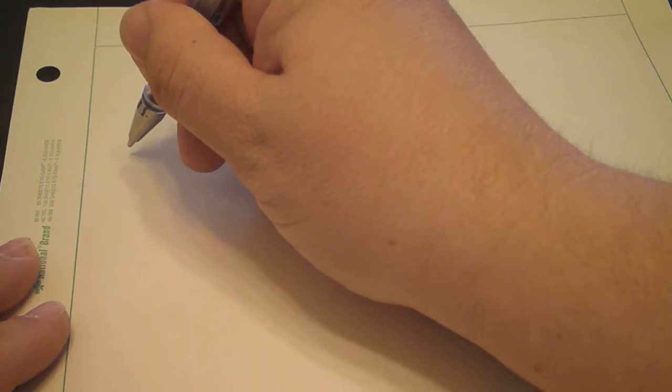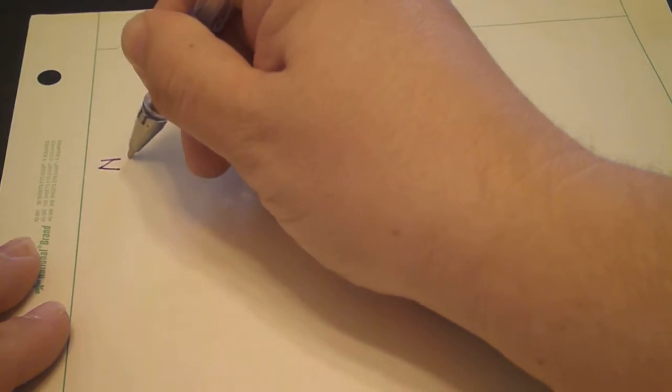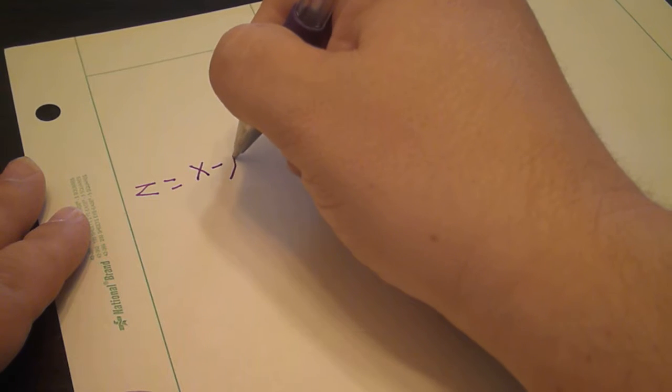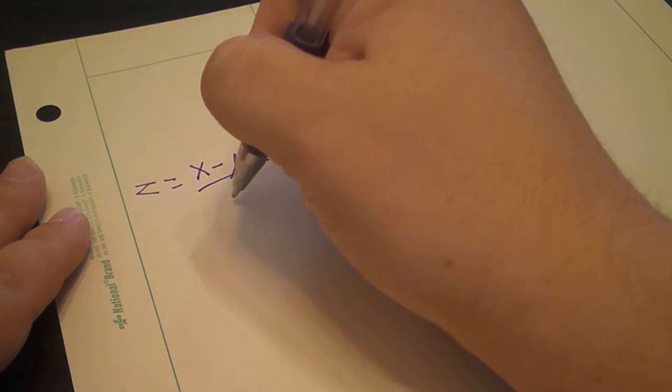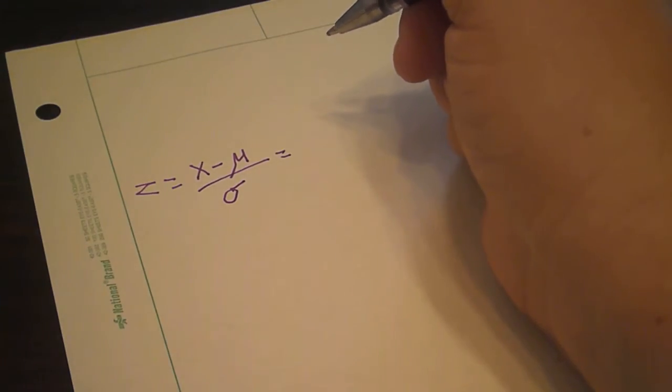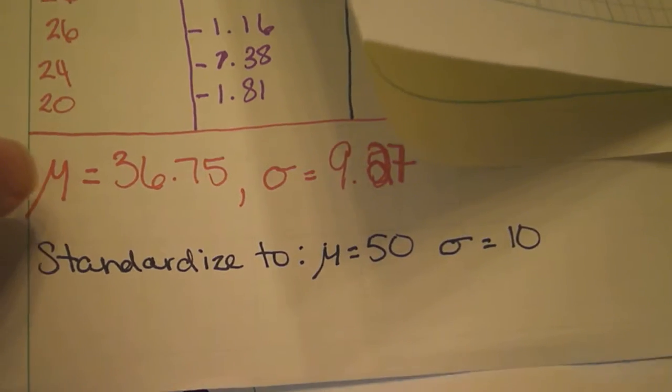So z equals, I'm going to turn this a little bit. Z equals x minus mu divided by standard deviation. I've already calculated the standard deviations for this.